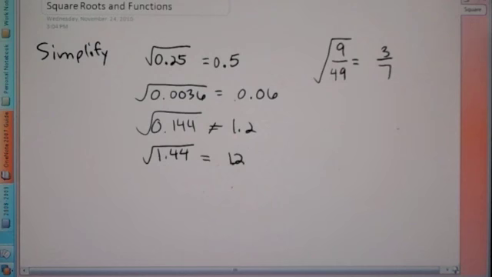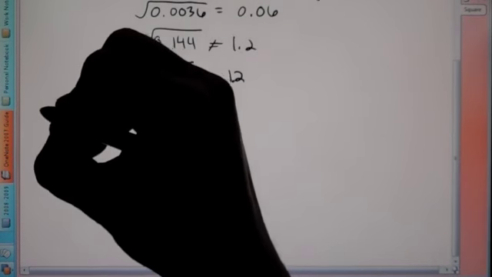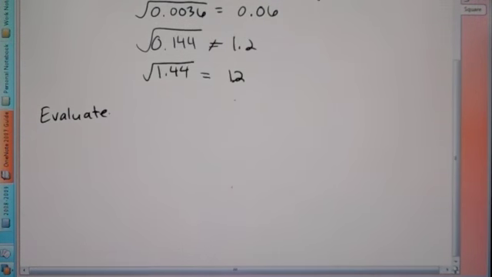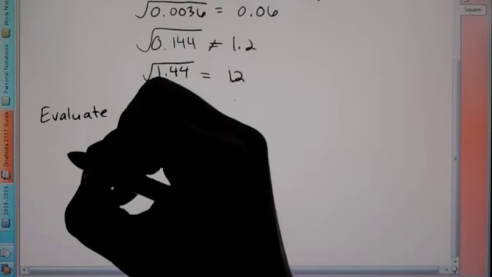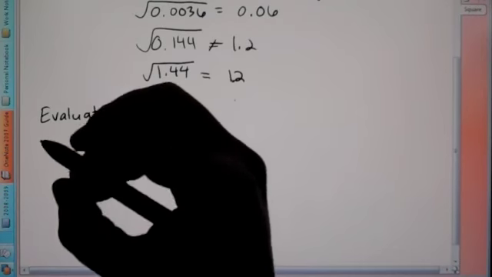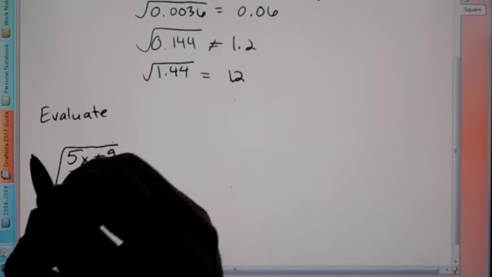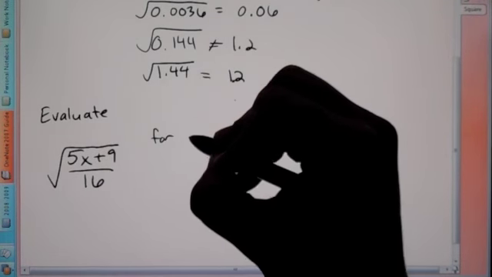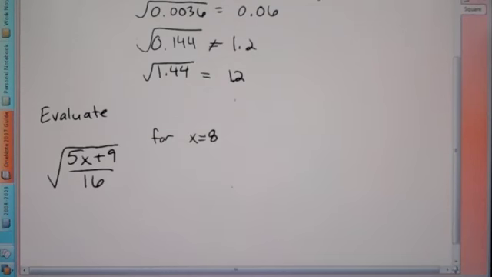Alright, now, another type of problem that you're going to get is, if I were to tell you to evaluate the square root of 5x plus 9 over 16 for x equals 8.